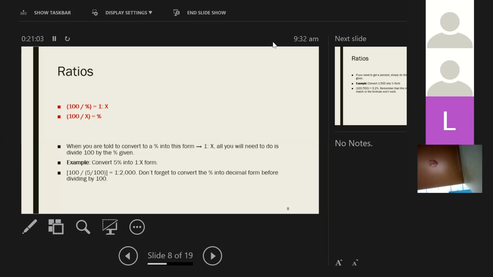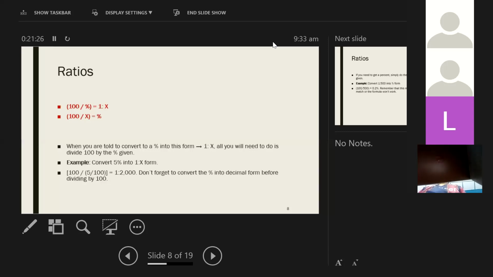When you put the 100 over 20% in the calculator, the answer that you got was 500, correct? What did you get? 500. You got 500. Okay, so that's how it is.